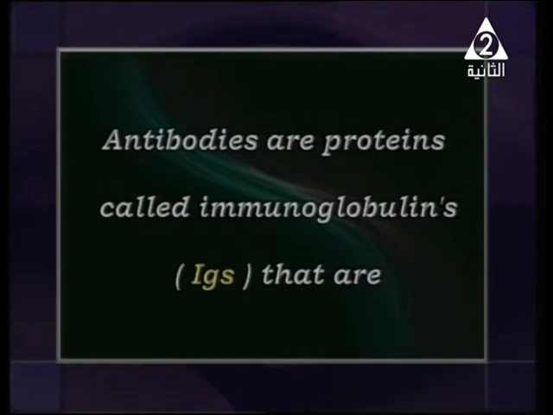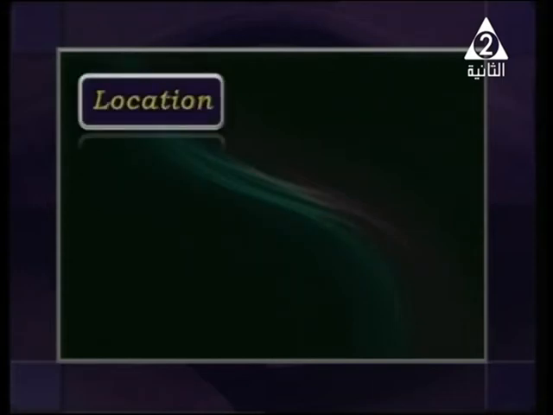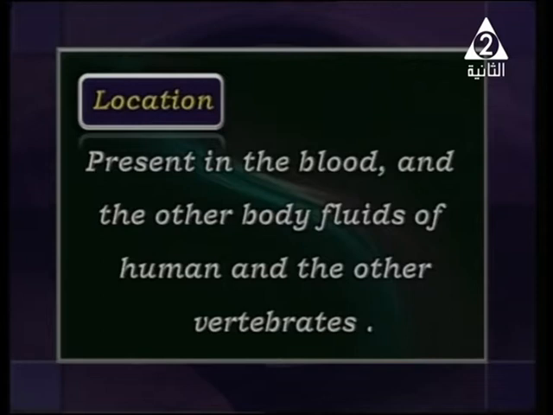Number one, the shape of the antibodies. They look Y-shaped. What about the location? They are present in the blood and the other body fluids of humans and the other vertebrates. So they aren't found only inside our body, but also in most of the higher vertebrates.